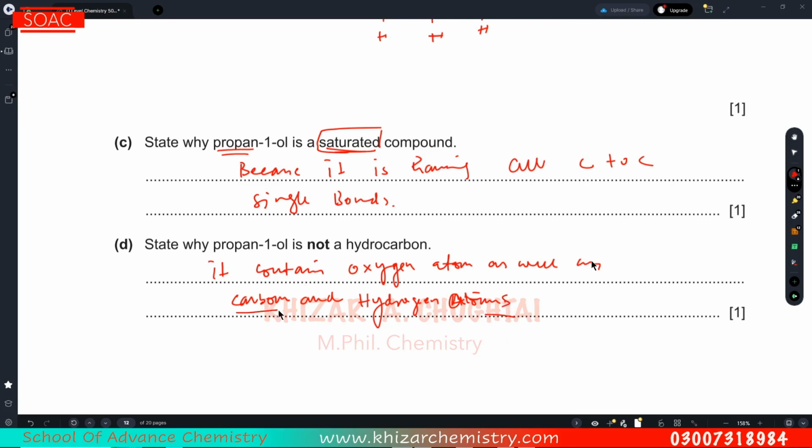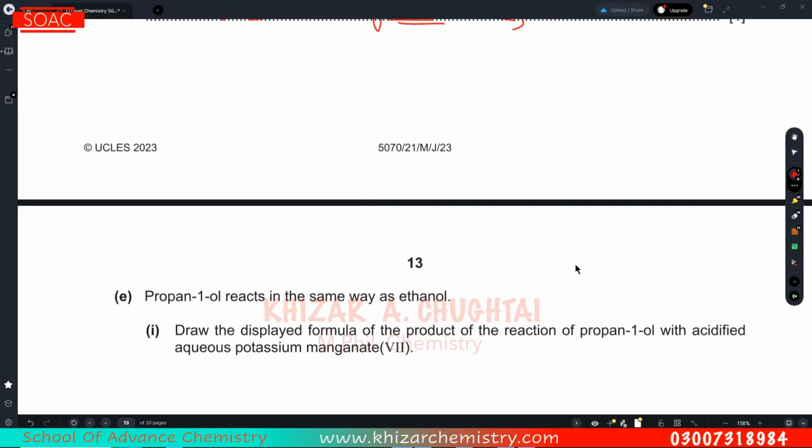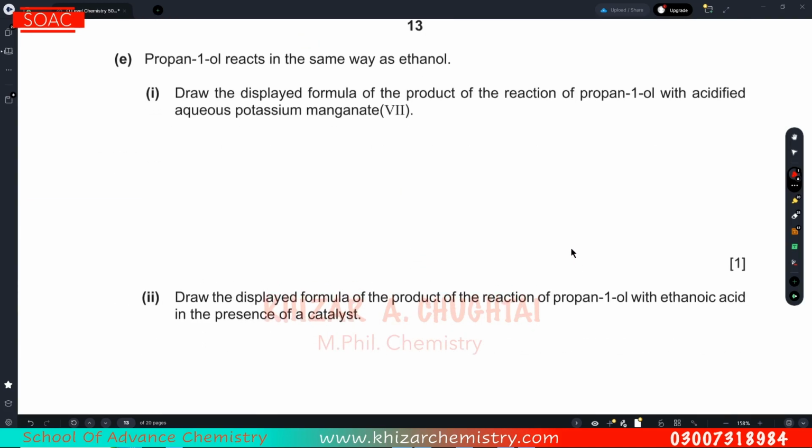So it is not having only carbon and hydrogen atoms. It is also having an oxygen atom. That's why it is not a hydrocarbon. It is a derivative of hydrocarbon.